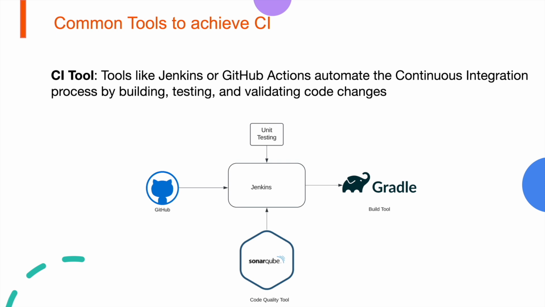Jenkins also integrates with build tools like Gradle to compile the code and create deployable artifacts like JAR and WAR files. This is an essential step in the CI pipeline as well. So all these tools, GitHub, SonarQube, testing frameworks, and Gradle, work together with Jenkins as the central point, and Jenkins triggers and coordinates these tasks, ensuring an efficient CI process.